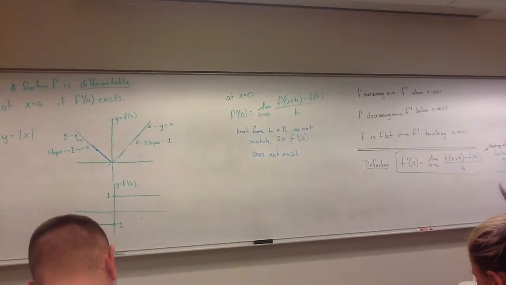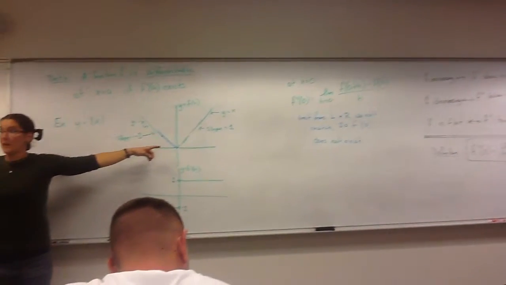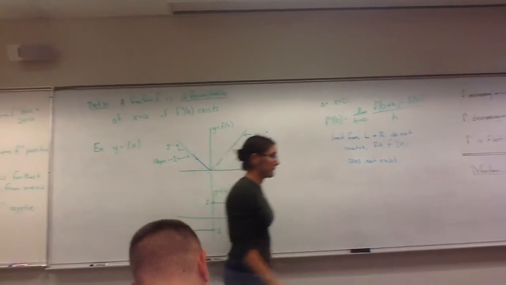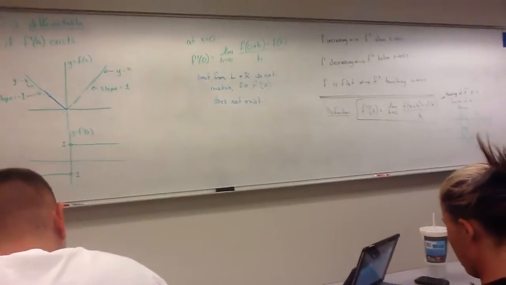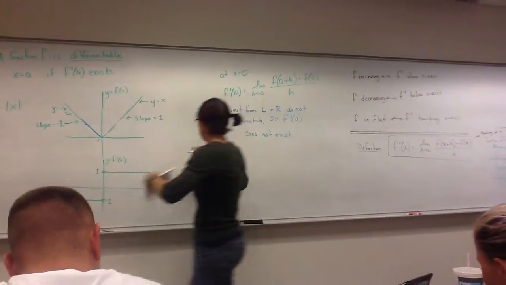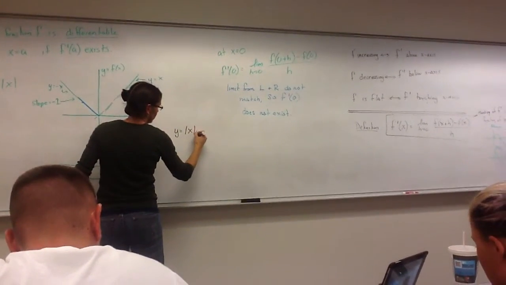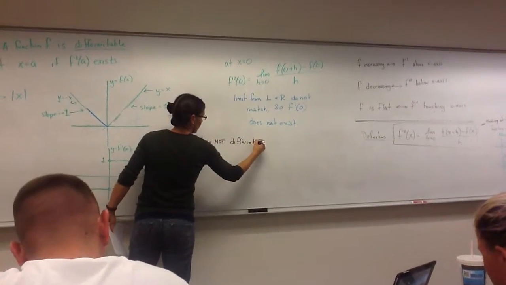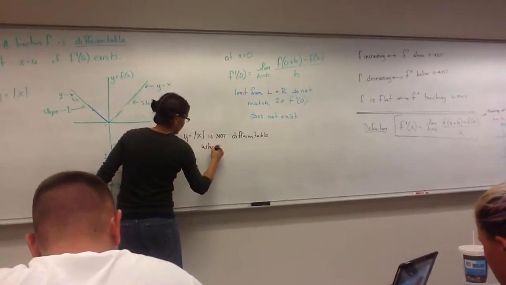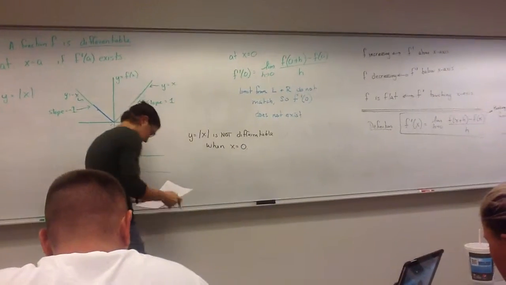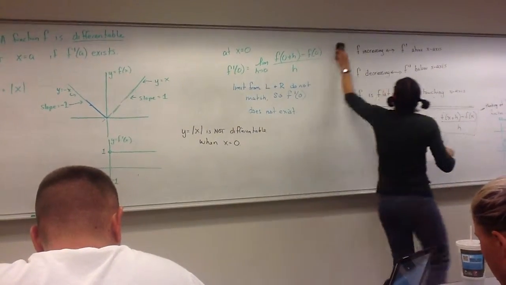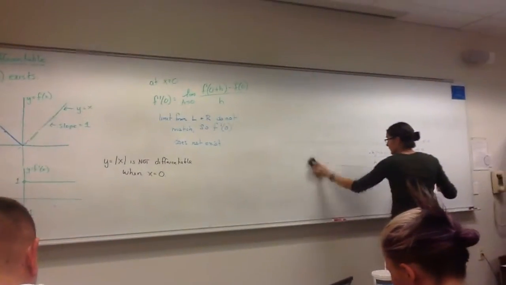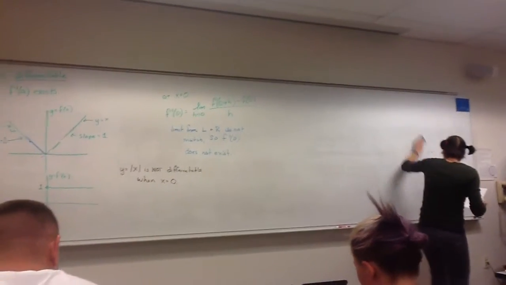All right, so here's an example of a function, y equals the absolute value of x, that is not differentiable when x is equal to 0. All right, so that's a little bit distressing, because that function's kind of cool, right?